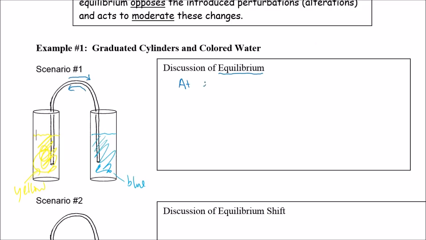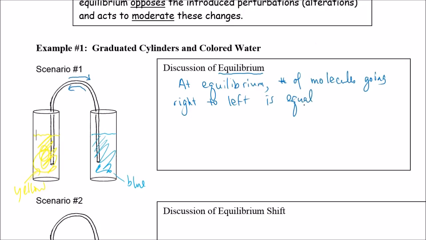At equilibrium, we have equal number of molecules moving. So the number of molecules going right to left, which would be from the blue to the yellow, is equal to, that's the key for equilibrium, the number of molecules going left to right.